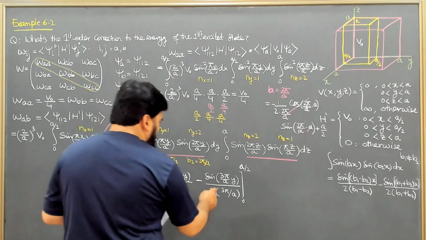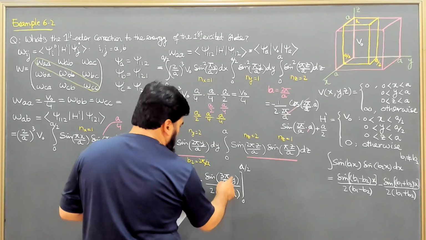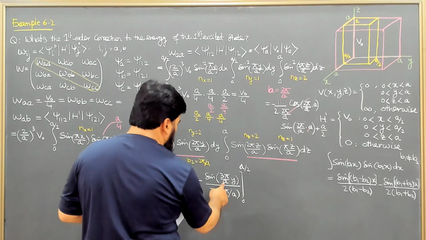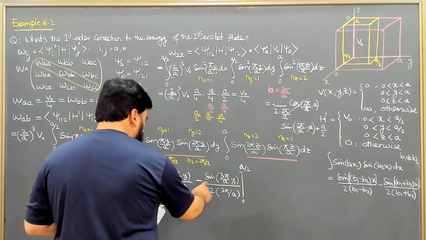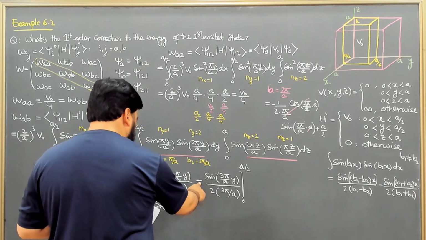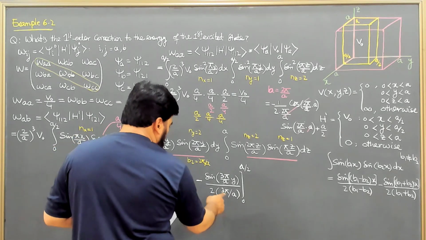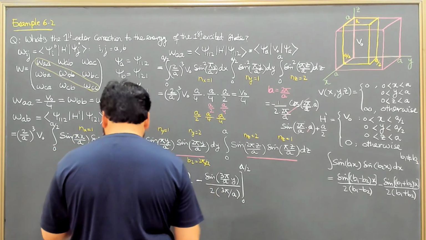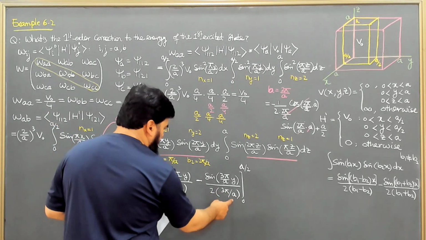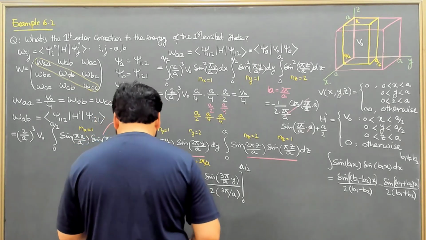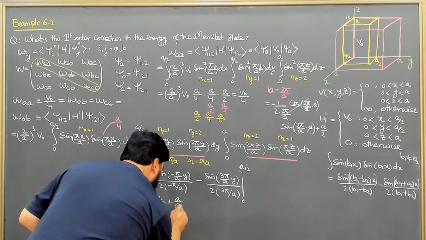Then look here, y is equal to a over 2, so a over 2a, so 3 pi over 2 will become minus 1, so minus has gone here, and then this will become plus, and we have this 6 pi over a, so a over 6 pi, so plus a over 6 pi.